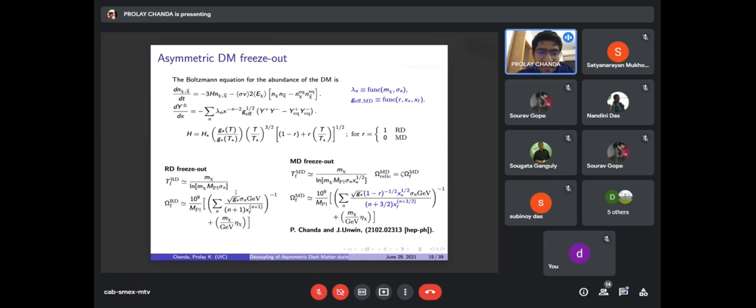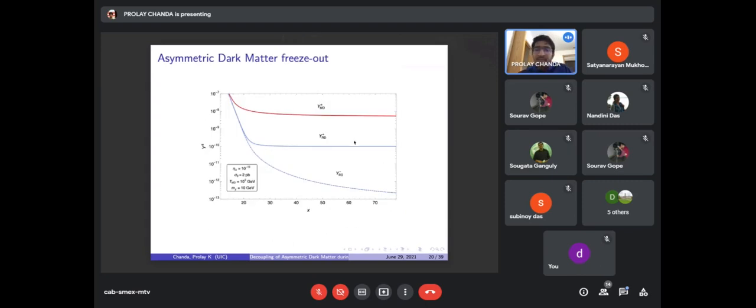You need the symmetric part, the first part, to be washed away by effective annihilation, so that the density today is given by the mass times the asymmetry times the dilution factor for the matter dominated case.